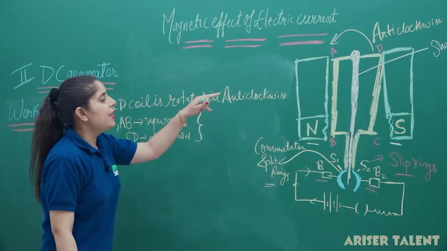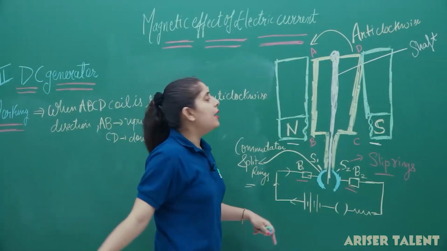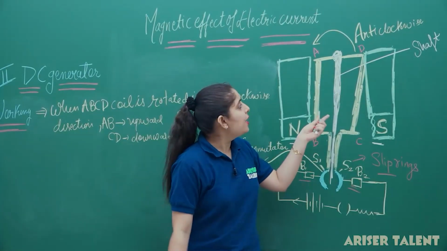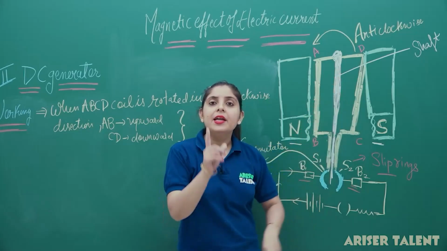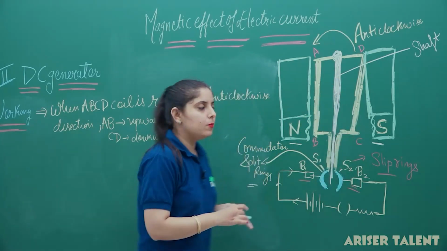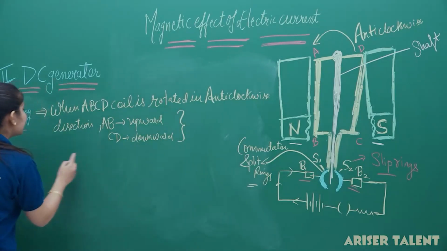Now, if AB is in the downward part, it is going to cut the magnetic field of the north pole. And if CD is in the upper part, it is going to cut the magnetic field lines due to the south pole. So, what will happen next?